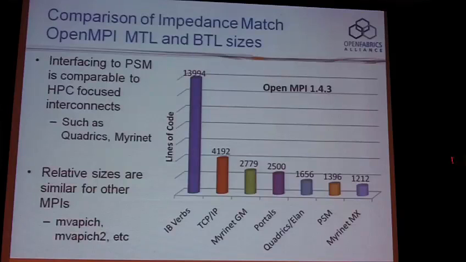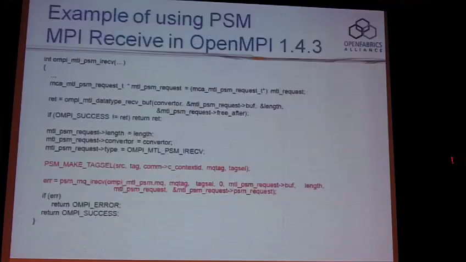And the complexity of interfacing with PSM is on par with a lot of other historic HPC interfaces such as Quadrics, Myrinet, and others. The relative sizes for the other MPIs and for the vendor-specific MPIs are all about the same difference, about an order of magnitude.